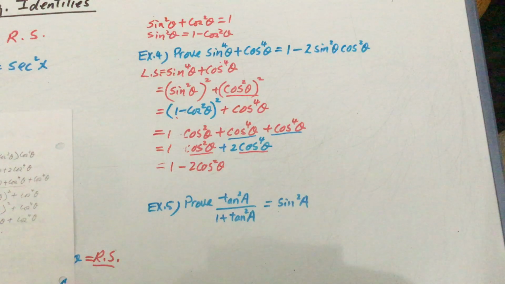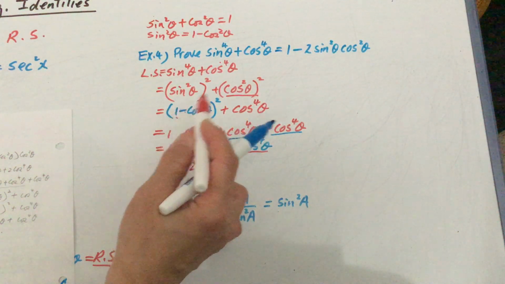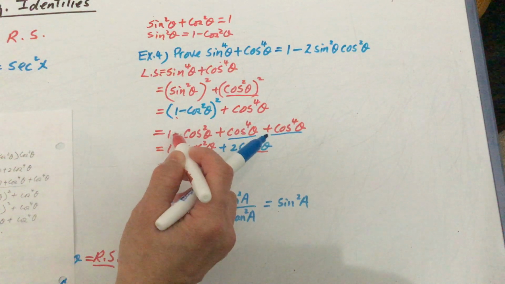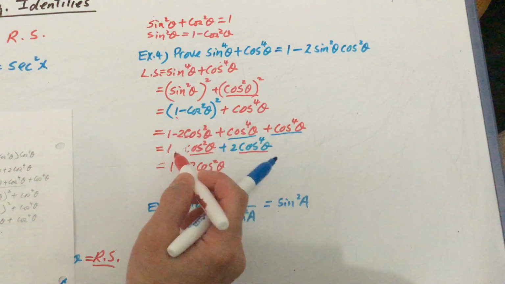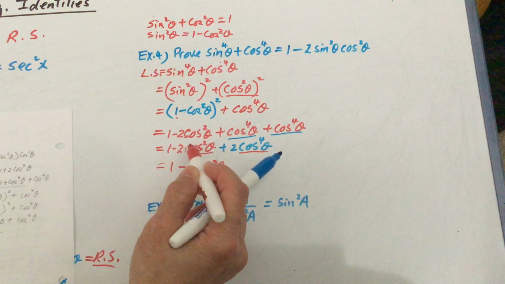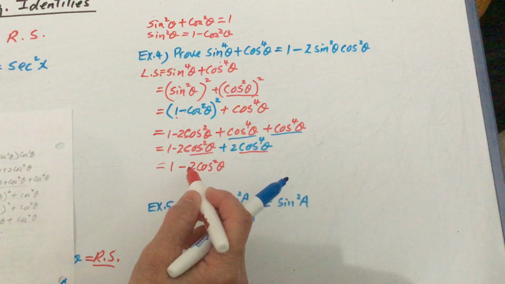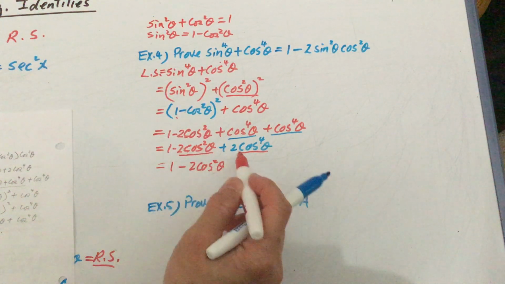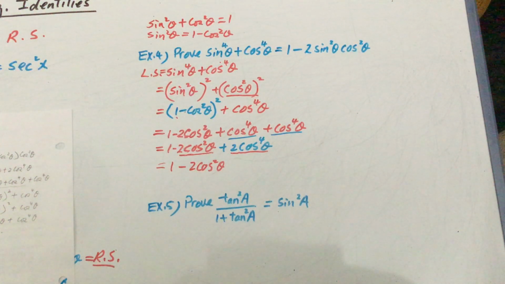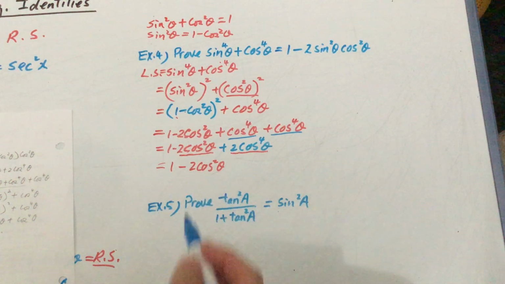So I'm missing a 2 here. I'm missing the 1 to the 1 and minus 2 times cos squared theta. So that's how I get my common factor.